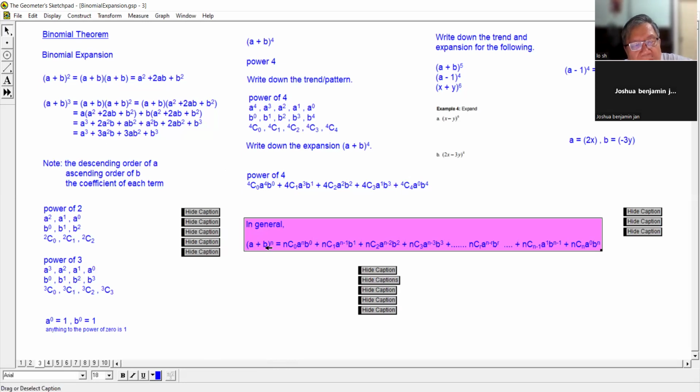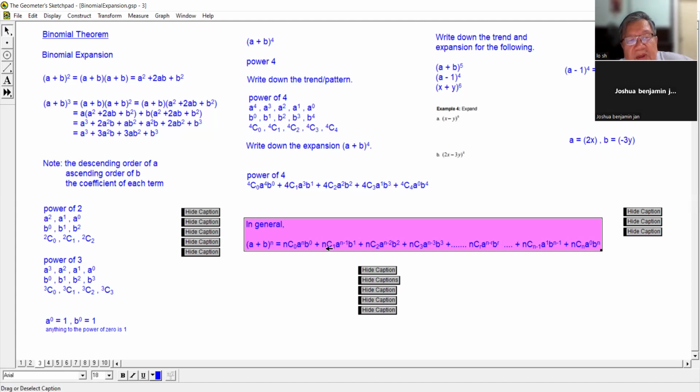Let's say we have a plus b to the power of n. If you cannot imagine what is n, you just consider n as 4, so you can imagine them. So it will be nC0. The first term is 0. Now, if the number here is 0, the b is 0, then the a is actually 4. But in this case, because we have n here, so we say a to the power n.